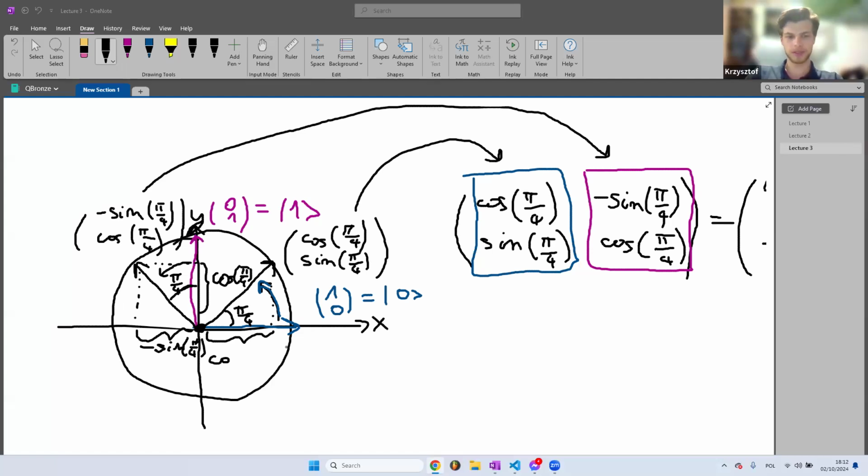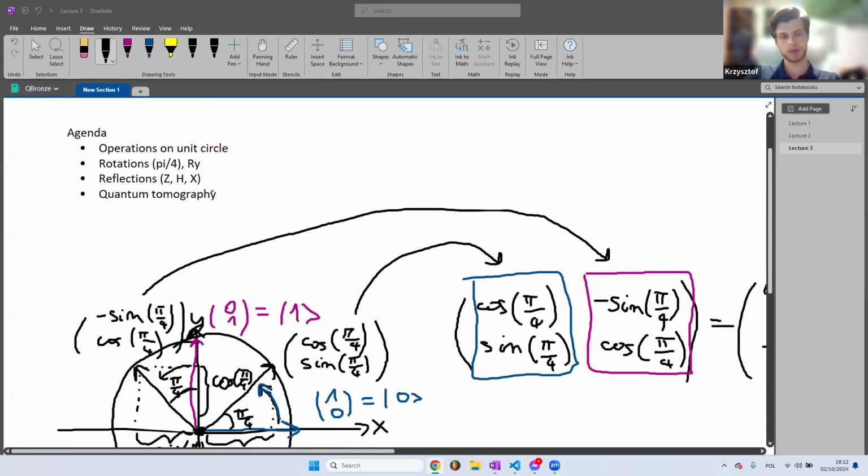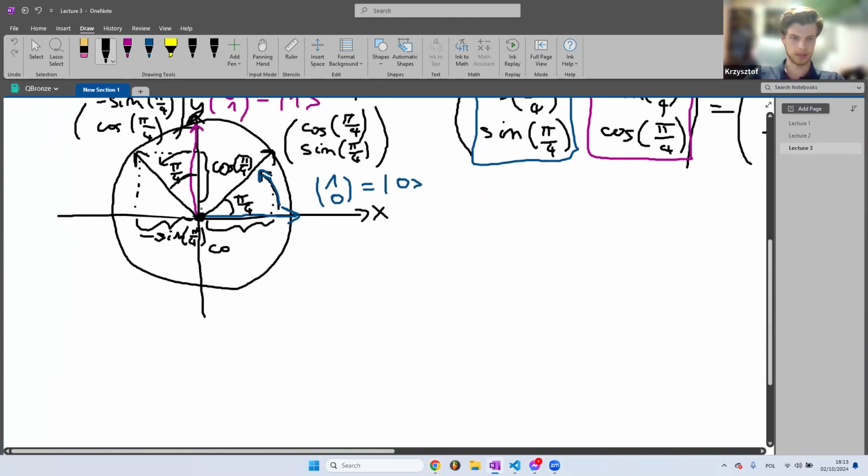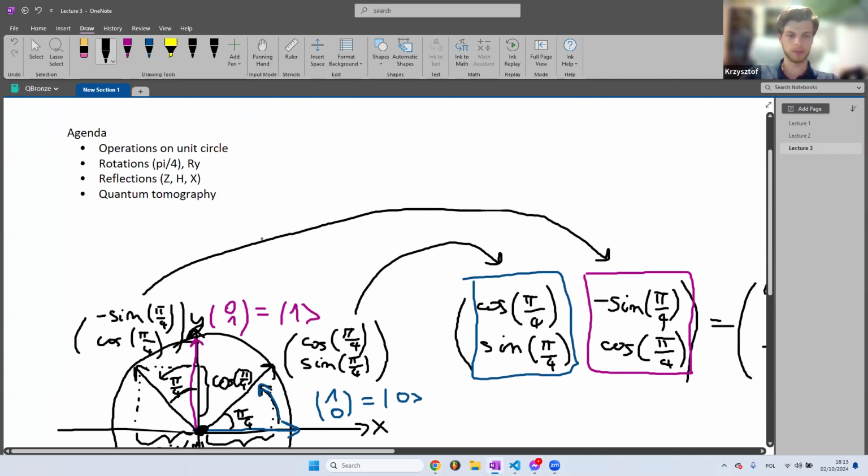But you can think of the rotations as a rotation about this axis that is perpendicular to our plane.